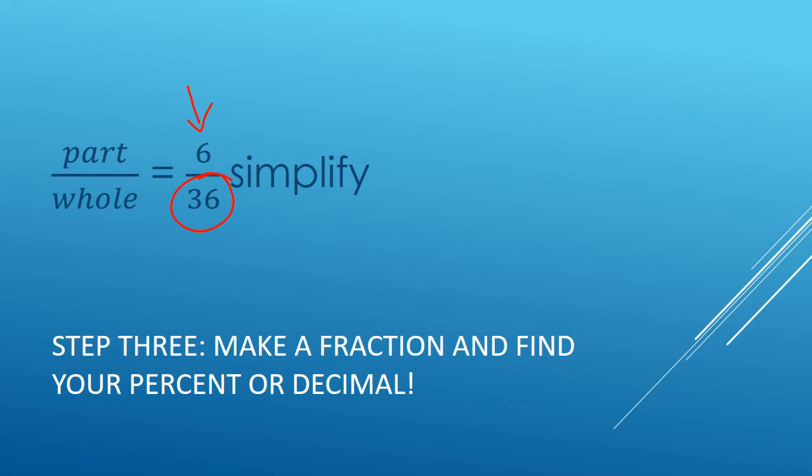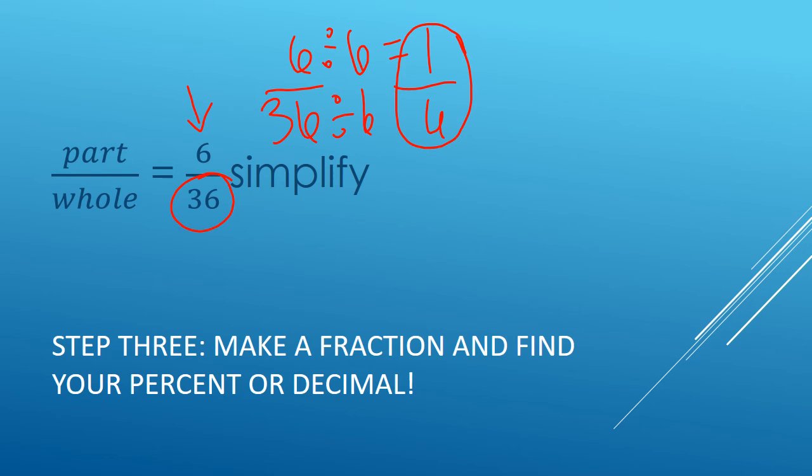Can we simplify it? It makes top dog in the house so much easier. 6 and 36, I know that I can divide them both by 6. So 6 divided by 6 equals 1, and 36 divided by 6 equals 6. So now I can do top dog in the house. And doesn't this look a lot prettier? Smaller numbers, easier to divide.